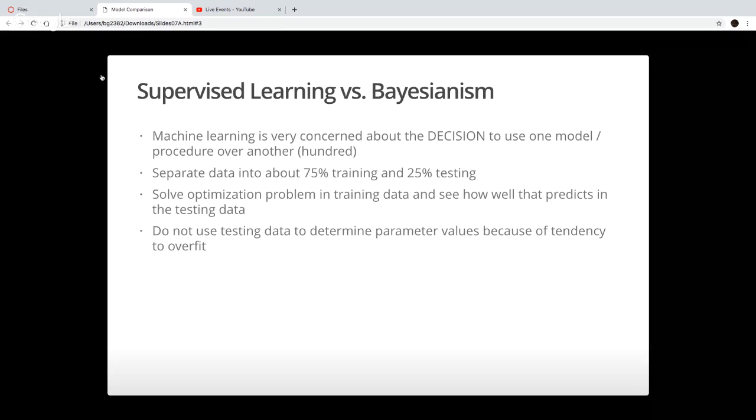And that is really the essence of the supervised learning approach to what supervised learning people consider to be the primary question that they have to wrestle with, which is which model to use, more so than the other three sources of uncertainty.